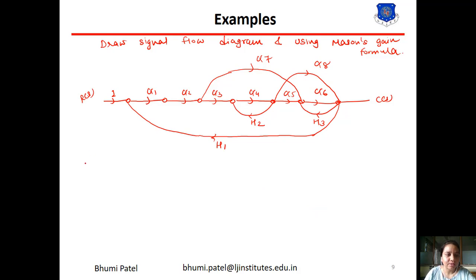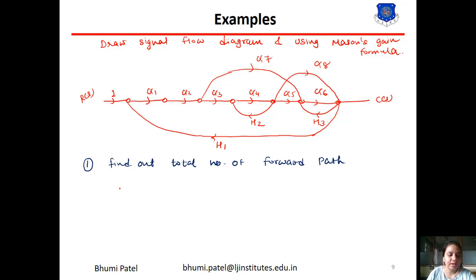So using Mason's gain formula we can simplify this equation and find the transfer function. So first of all, find out the total number of forward paths.